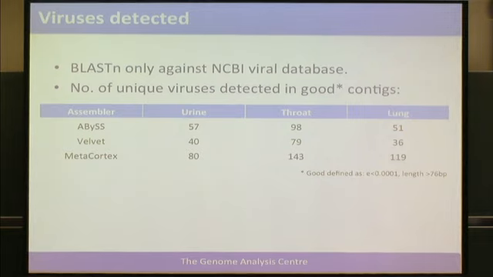So I've not included MetaIDBA here because we did have some issues with running MetaIDBA in the manner it's supposed to be run in, so we didn't think it was fair to run it. We've since used the follow-up to MetaIDBA, IDBA-UD, which I'll show you some results from in a bit. But so these are just Abyss and Velvet versus MetaCortex.